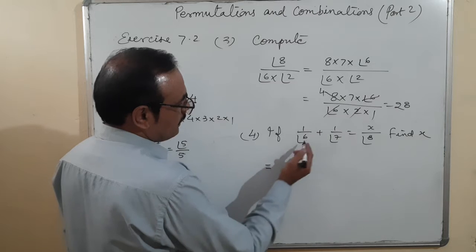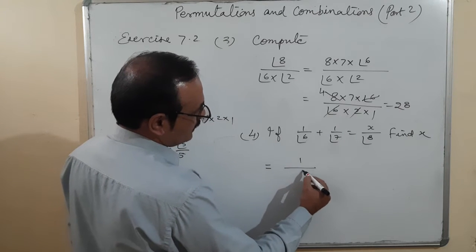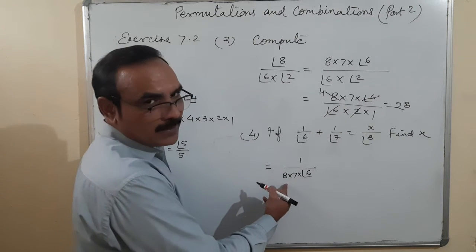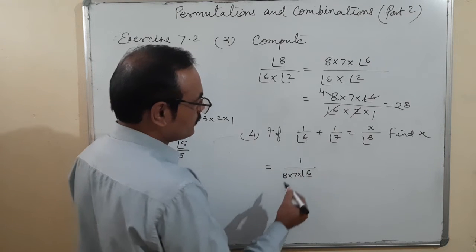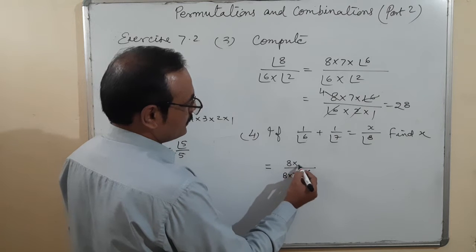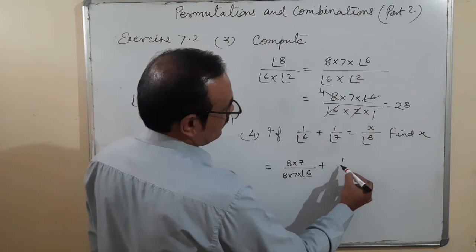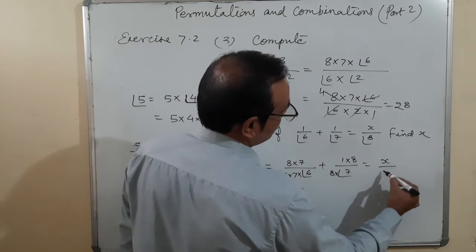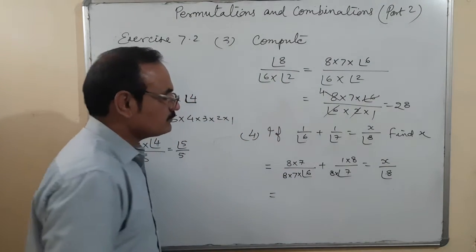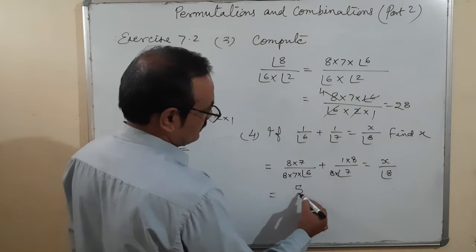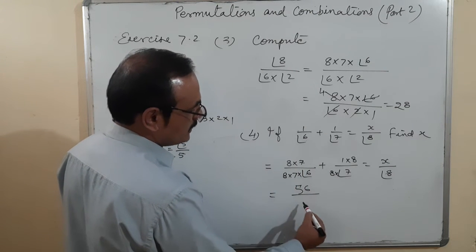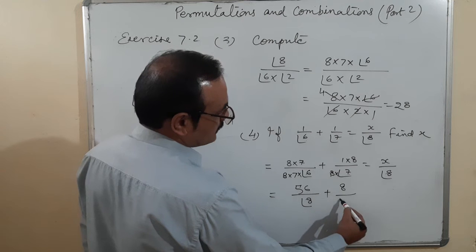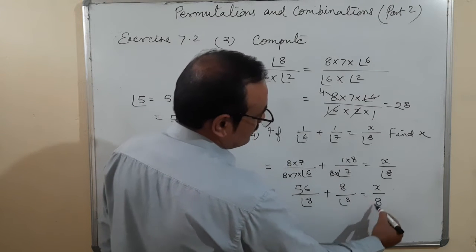So 1 upon factorial 6, I will multiply by 7 and by 8 in the denominator, and the same amount is to be multiplied in the numerator for balancing: 8 into 7, plus 1 upon factorial 7 multiplied by 8, here also multiplied by 8, is equal to x upon factorial 8. 8 7s are 56 upon factorial 8, plus 8 upon factorial 8, is equal to x upon factorial 8.